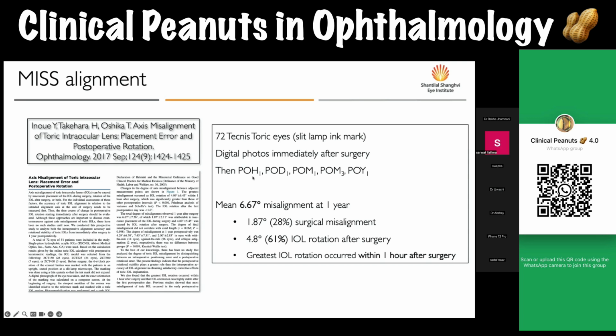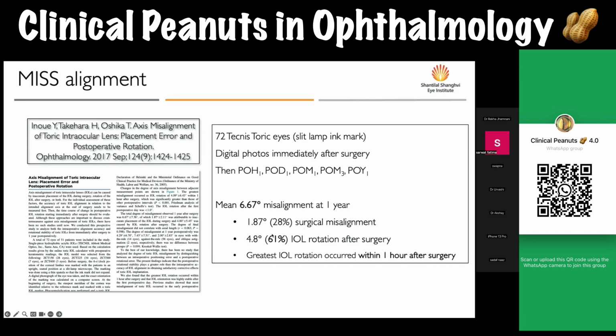They took photos very interestingly at day 1, month 1, the third month, and a year after surgery, and found that misalignment, which was a mean of 6.67 degrees, was 28% because of the surgery itself.